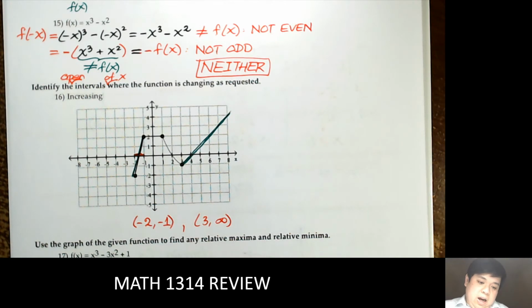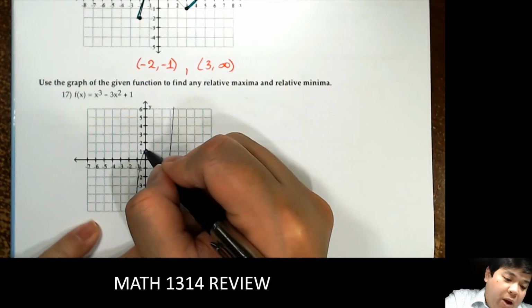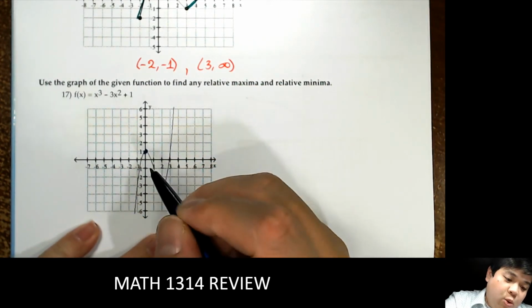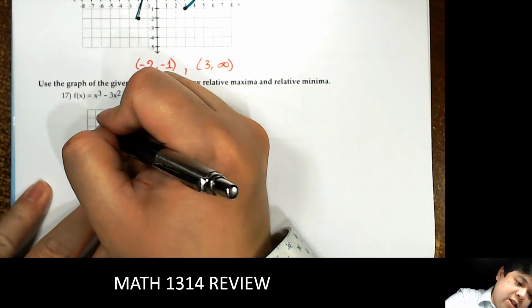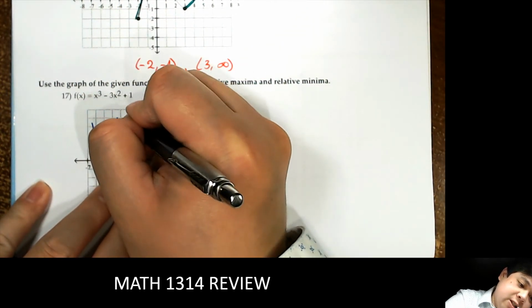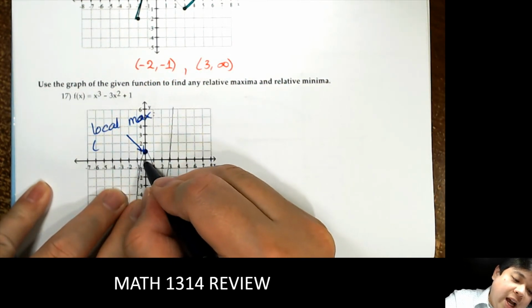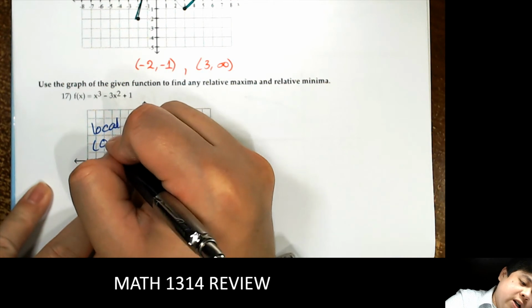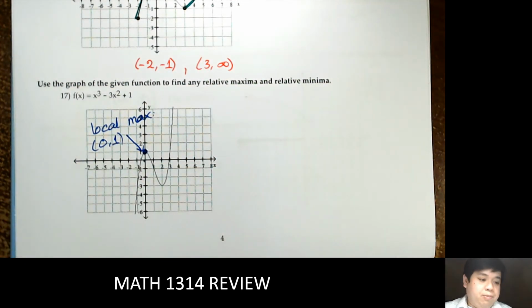Right. Identify any relative max and relative min. So this point, compared to the points around it, is the highest point. So that gives us the local max. And the coordinate will be x equal to 0, y equal to 1. We specify the point.